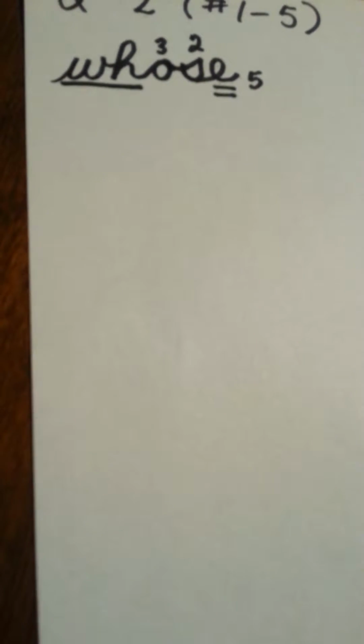You have to be careful not to confuse this word with the contraction who's. This is like a subject and a verb. It stands for who is. You could say who is going to feed the dog. Who's going to feed the dog? This is the subject and the verb. It stands for who is.